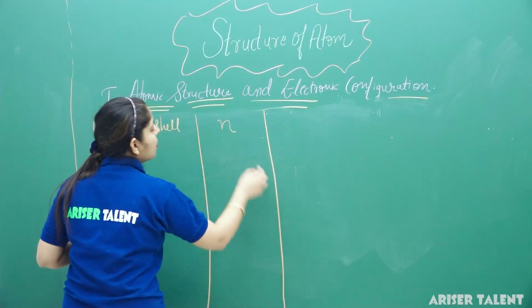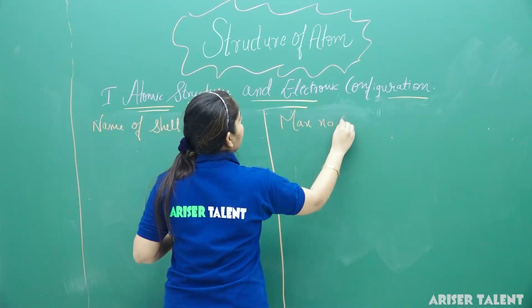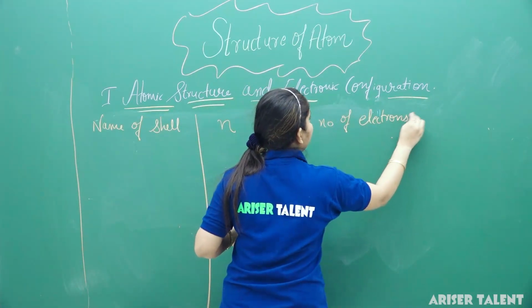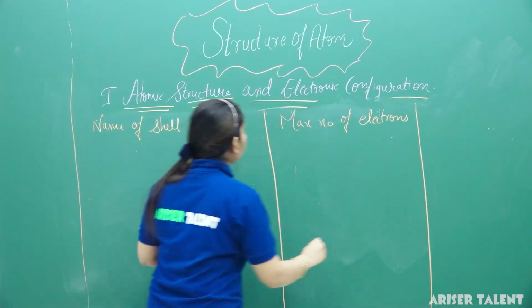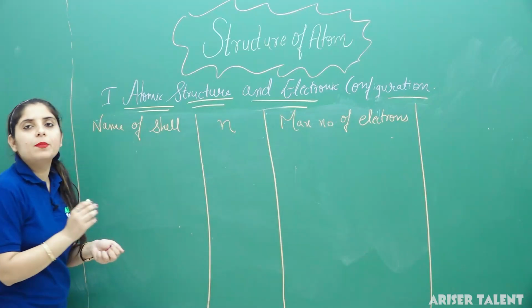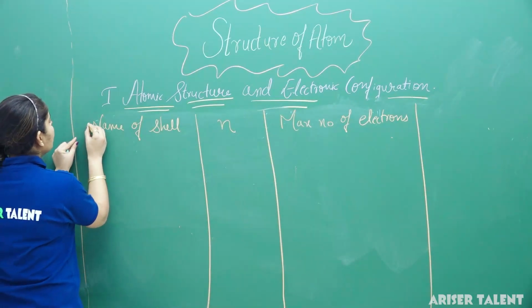Here we will calculate the maximum number of electrons. So in these shells, we will calculate the maximum number of electrons that can be accommodated by the K, L, M and N shells.